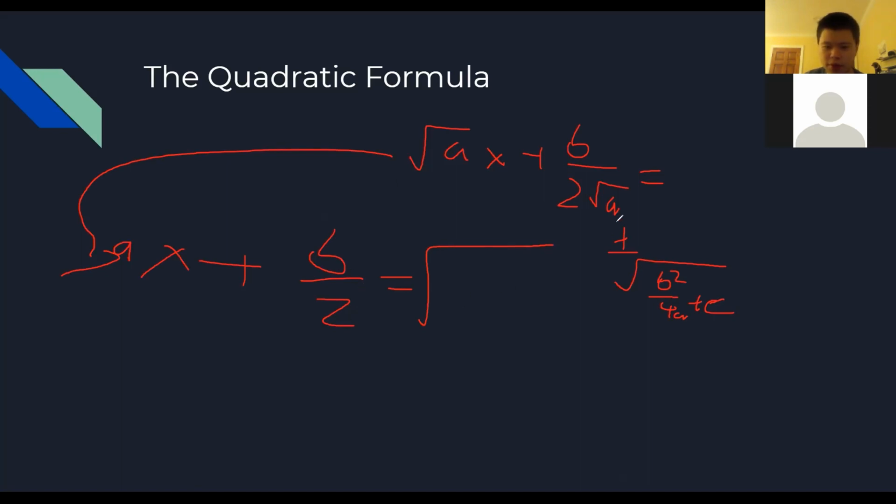So combine the radicals, b squared over 4 plus ac.